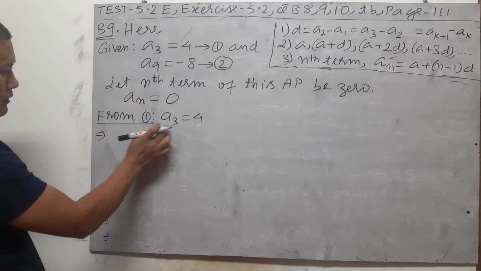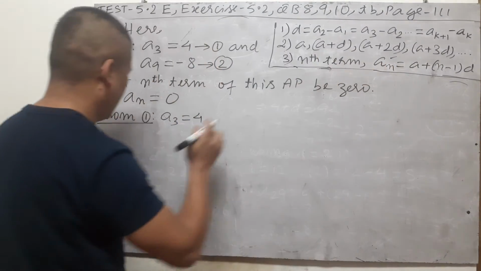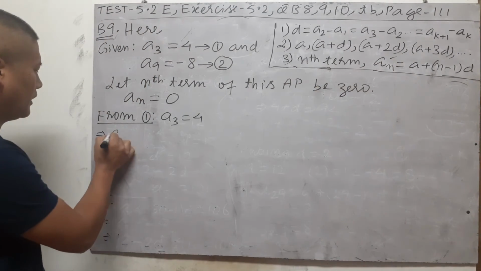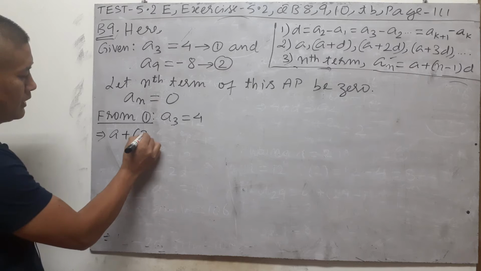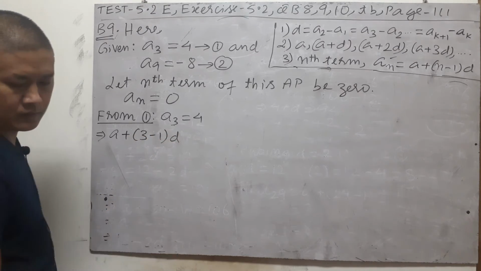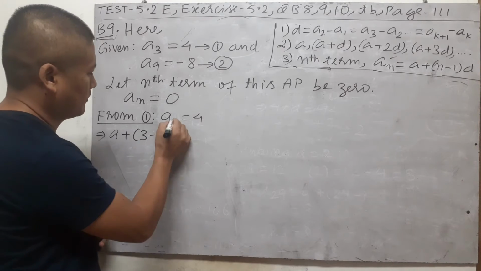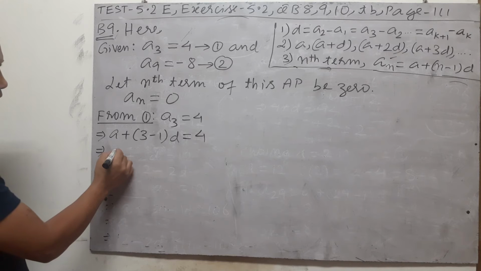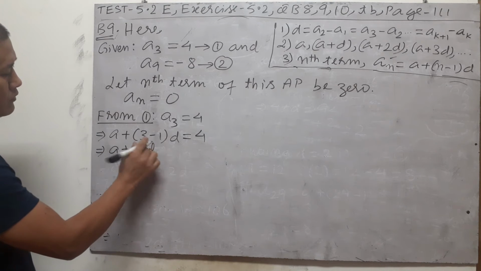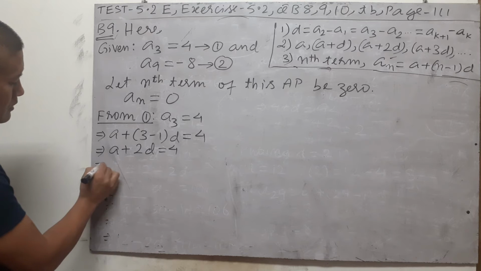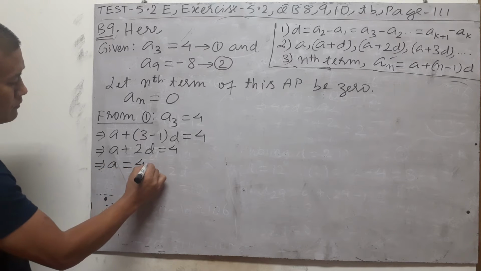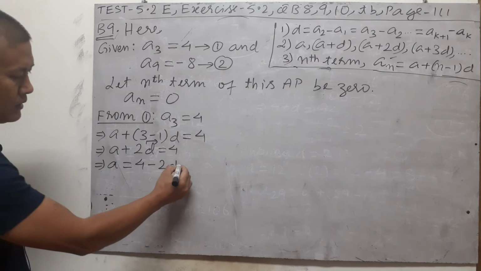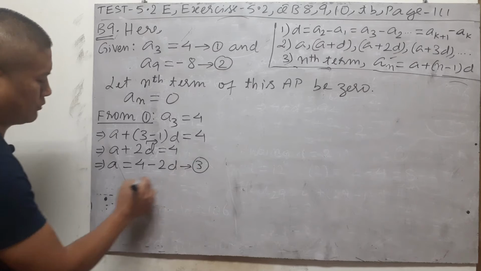So that implies a3, using this formula, an equal to a plus n minus 1 into d, we're going to write a plus, your specific n here is 3 minus 1, into d, equal to 4. So a plus 2d, because 3 minus 1 is 2, is equal to 4. So a is going to be 4 minus 2d, because if you shift this plus 2d to the right side, it becomes minus 2d. Let's put this one as equation number 3.